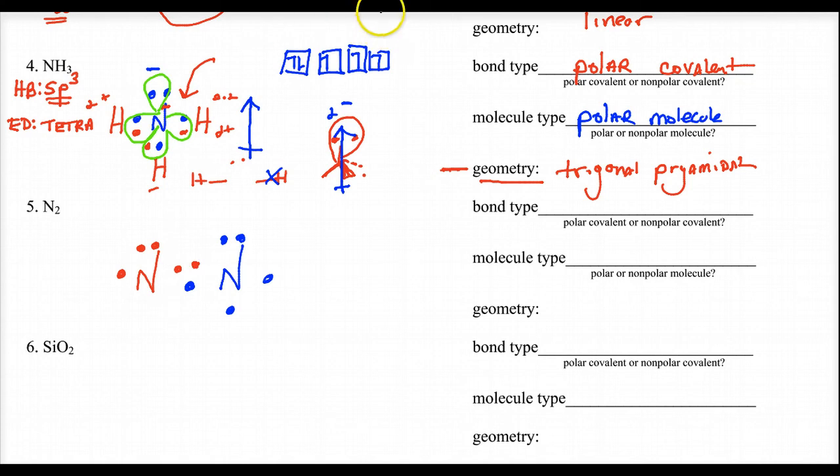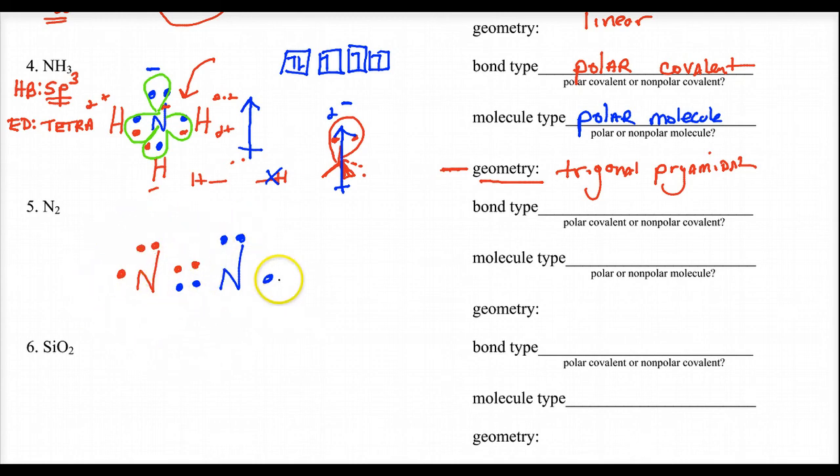Before I do that, let's make sure this is nice and neat. I'm going to erase this, maybe move this over, blue here, and then I'm going to move this one over here. And now it's a double bond. Now, if you share the electrons, you see that this nitrogen feels like it has 2, 4, 6, 7.